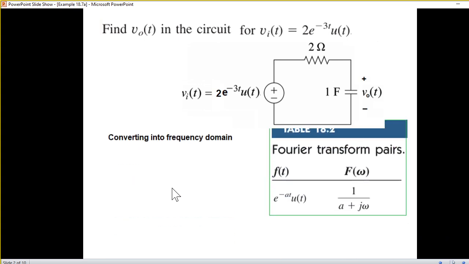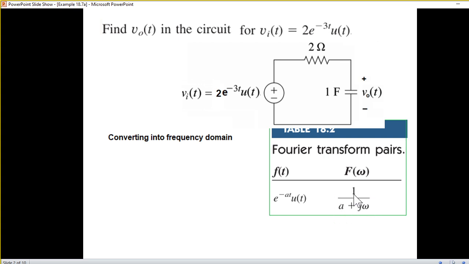First of all, as you know, we have to convert the circuit into the frequency domain or phasor domain to solve it easily. And this is from the 18.2 table: e^(-at)u(t) in the frequency domain or Fourier domain will be 1 over (a + jω).